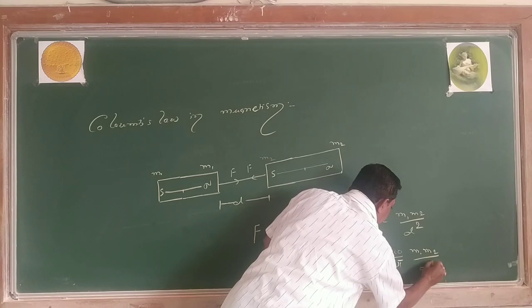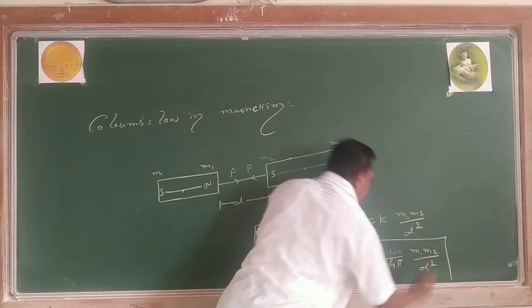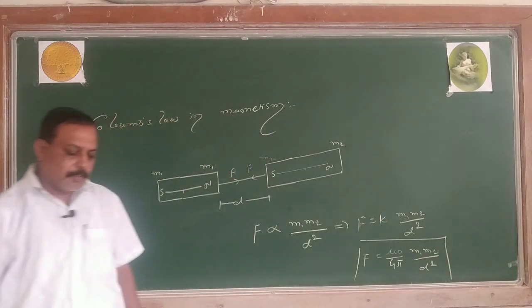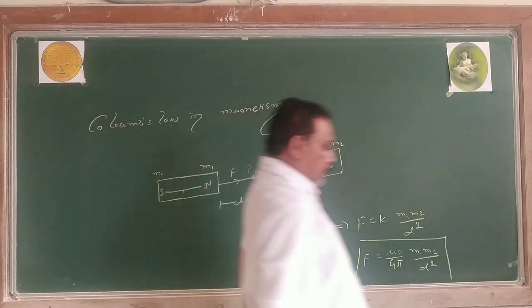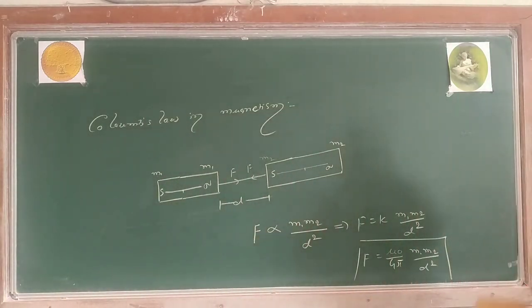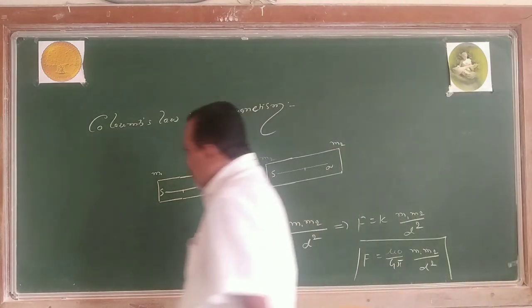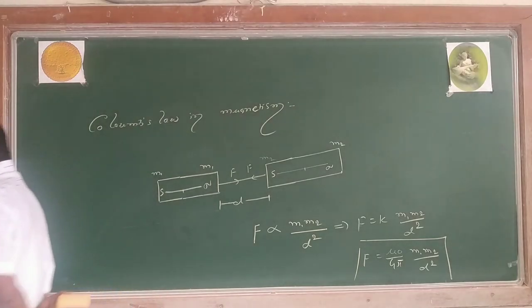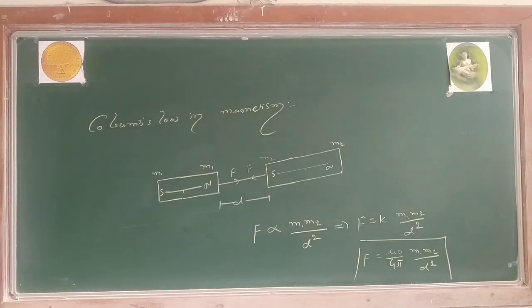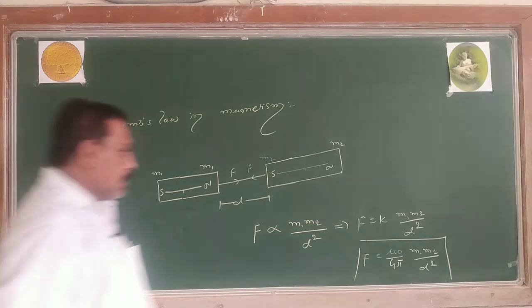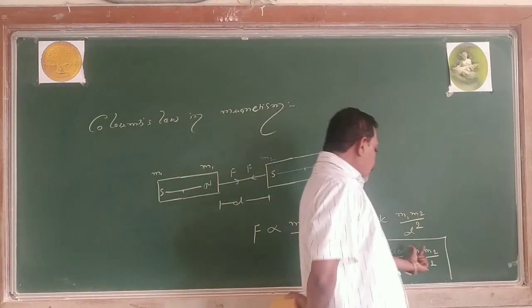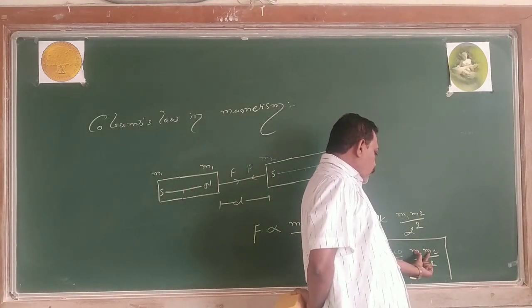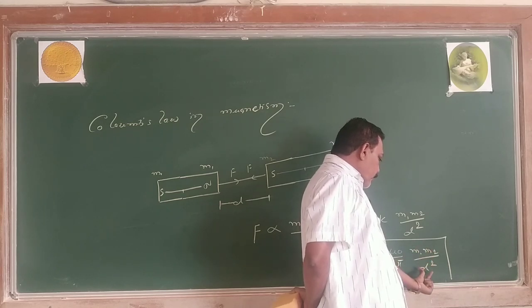Now, this is your Coulomb's law in magnetism: F equals mu naught divided by 4 pi, M1 M2 divided by D square. In electrostatics, it is charge oriented. In magnetism, it is pole oriented, having pole strengths M1 M2, the product of the pole strengths, inversely proportional to the square of the separation distance between them.